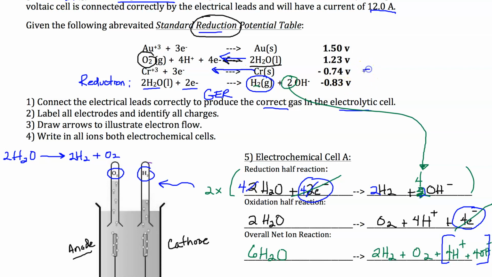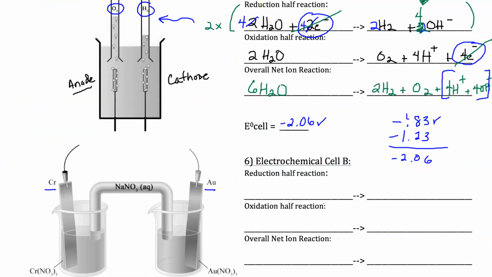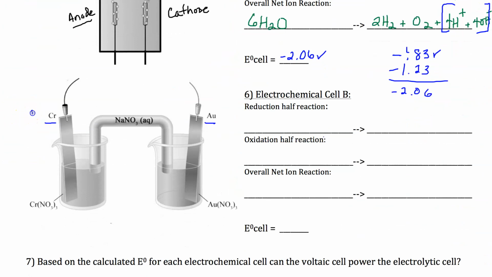It's going to be positive 0.74 volts. And when gold goes this way, it's going to be negative 1.5. Who's better at oxidizing? Chromium. So party people, I know that chromium is my anode, and this is my cathode.